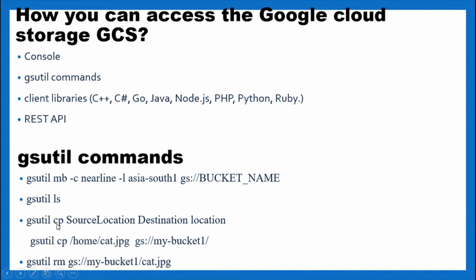In this also there are multiple options available for multi-threading and all. Here, this is the location of this image, and we are copying it to the GCS bucket my bucket 1 using the gsutil command. And to delete an object, we use gsutil rm and the object path. In this way, we can run gsutil commands from Cloud Shell or Cloud SDK.